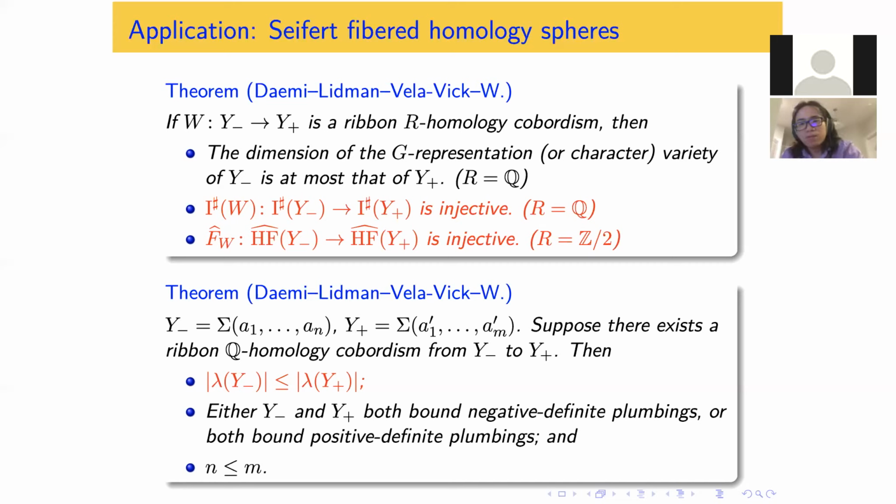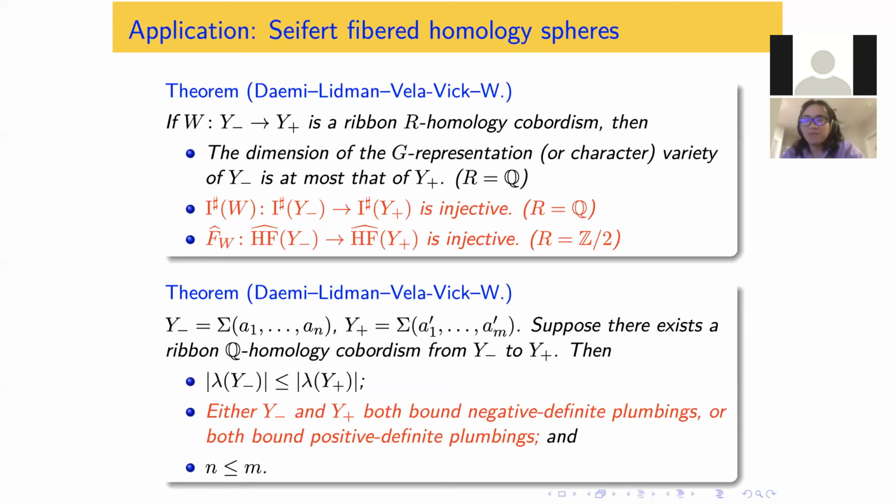Then the second statement on Y minus and Y plus, both bounding negative definite or both positive definite plumbings, is just a statement that again the Floer homologies lie in the same homological grading, which determines the sign of the Casson invariant lambda, and which also determines whether they bound negative definite plumbings or positive definite plumbings.